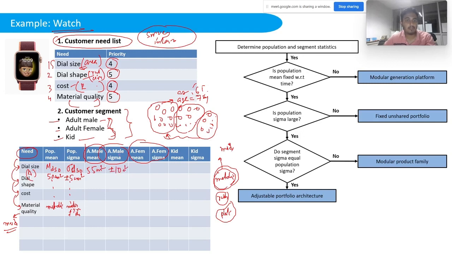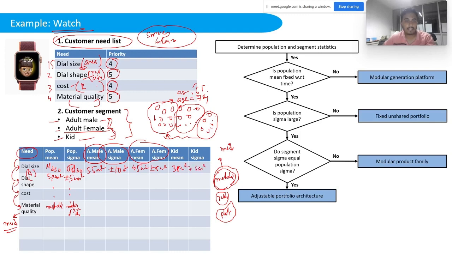centimeter square. Then the next customer segment was adult female. For a female, probably they may want a smaller size because they have a smaller wrist size. So they may say 45 plus minus 5 centimeter square. Similarly for a kid, it is maybe even less, 35 centimeter square plus minus 5 centimeter square.